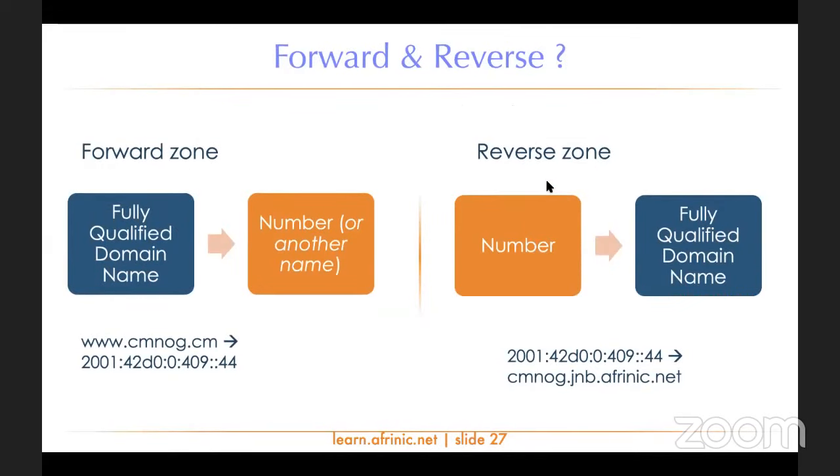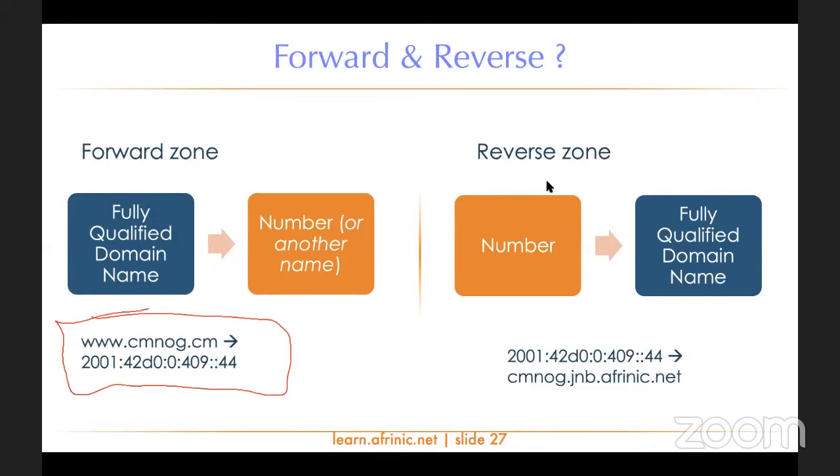So forward and reverse. Remember that when we are talking about the forward zone, it means we have a name and we want to know the number, or it can be another name. Like here at the bottom, you see we have this name, 3w.cmnoc.cm, and we want to know the equivalent in IPv6, for example.